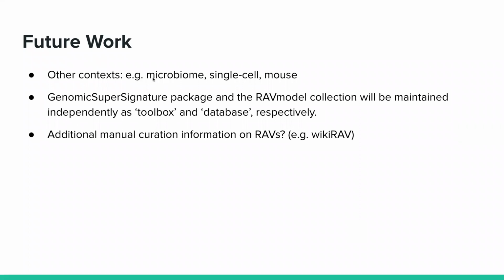The future work has been on our minds lately because we're submitting a small grant to extend this to microbiome work, and I know some other things that Seyoon is interested in doing is extending it to training specifically on a single cell compendium or on mouse data sets.